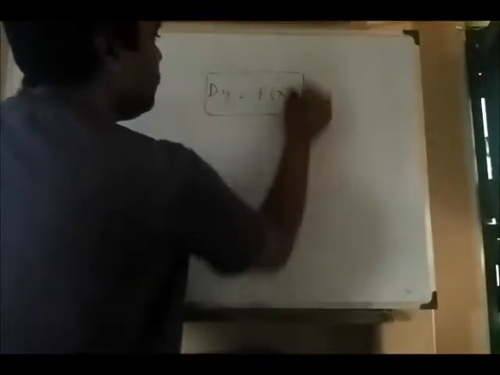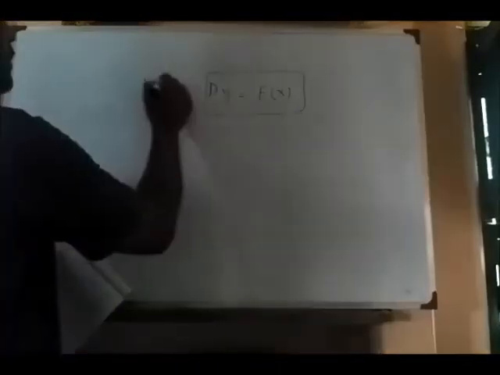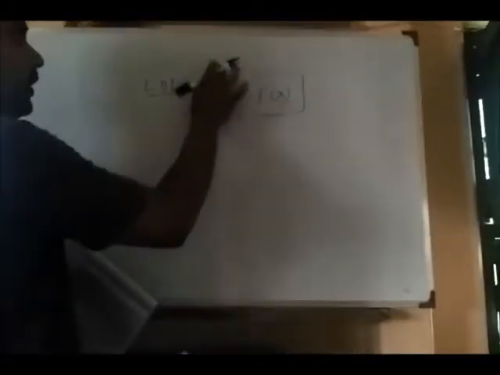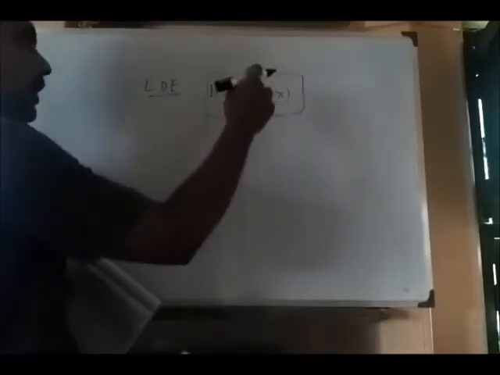This is the general form of a linear differential equation, where this differential operator D might have a second order or a third order depending on the power. So D might be a function of the differentiation, that is d to the power n divided by dx to the power n. But here f(x) is another function.